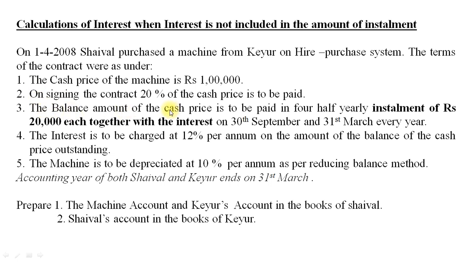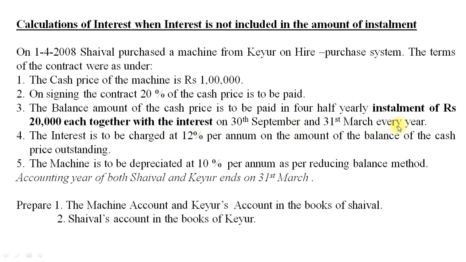The balance amount of the cash price is to be paid in 4 half-yearly installments of 20,000 each, together with the interest on 30th September and 31st March every year. This line, this adjustment, tells us about the balance of the cash price. Now the balance of cash price means your cash price is 1 lakh minus your down payment, that is 20,000. It comes to 80,000. So that 80,000 is divided in 4 half-yearly installments of 20,000 each, together with interest on 30th September and 31st March.